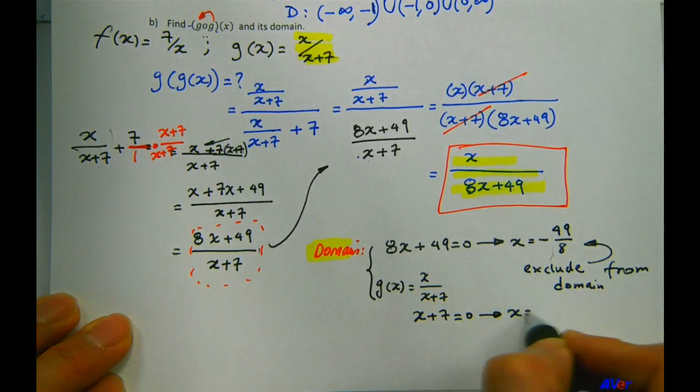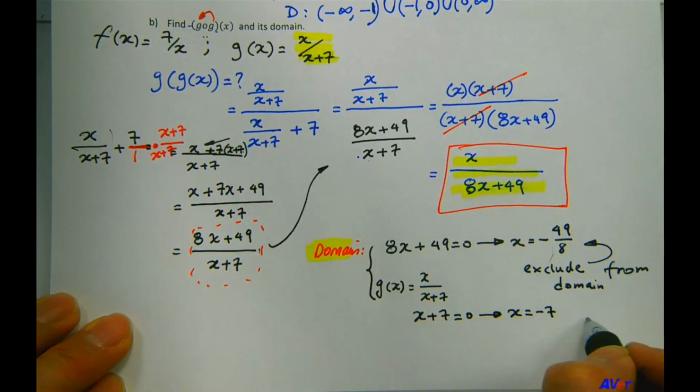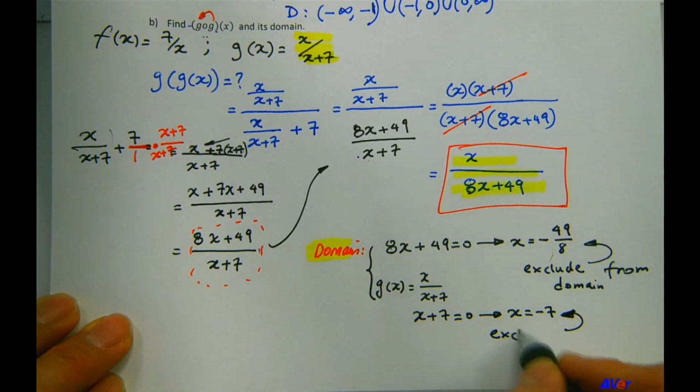Then x equals negative 7. Once again, exclude from domain.